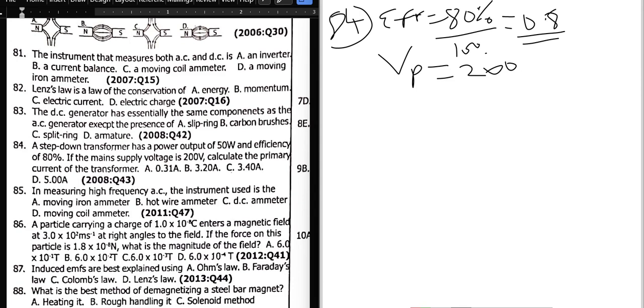Then we have the current input. That's IP. Current input is not given. That's what we're looking for.